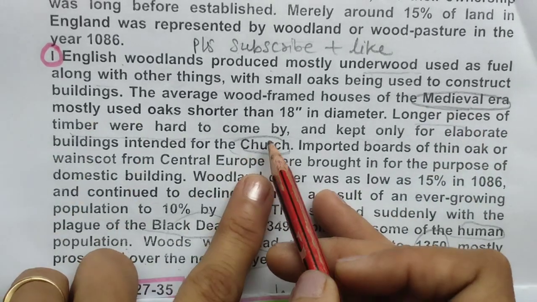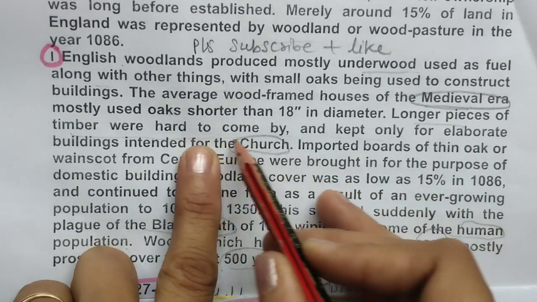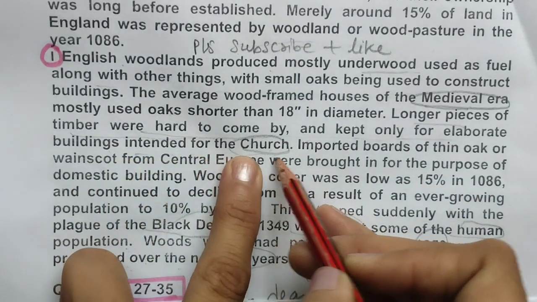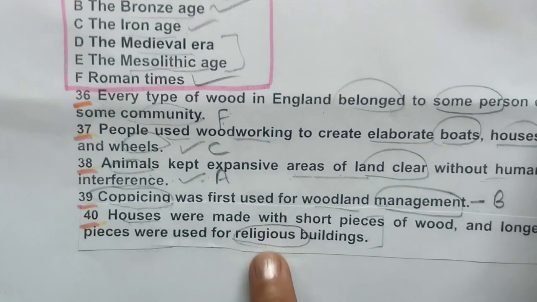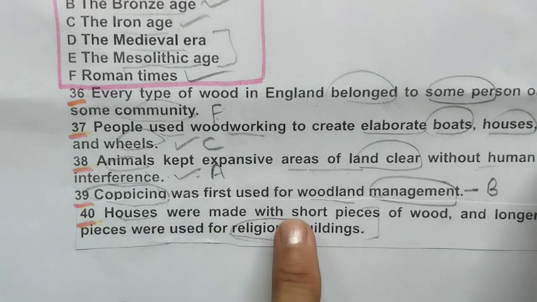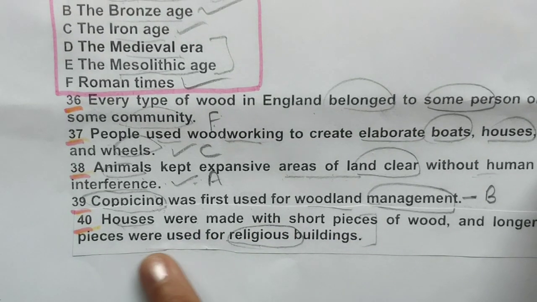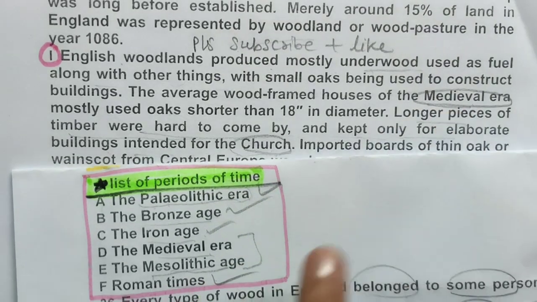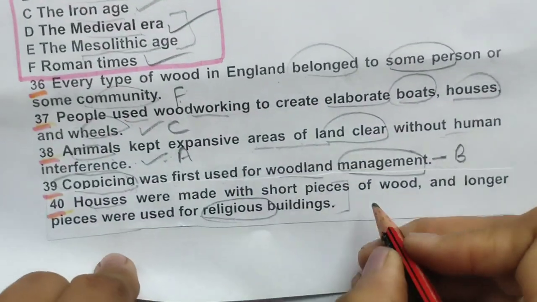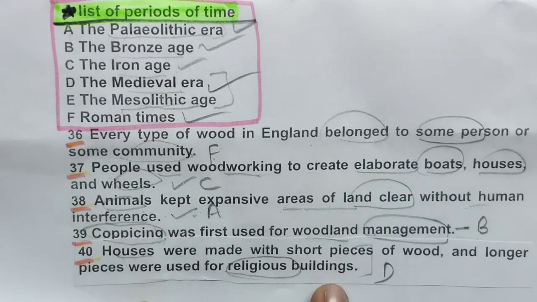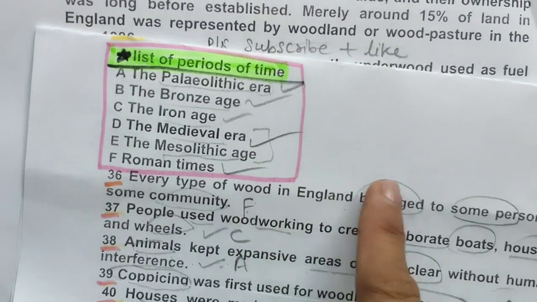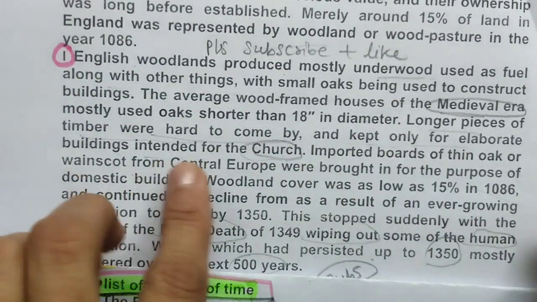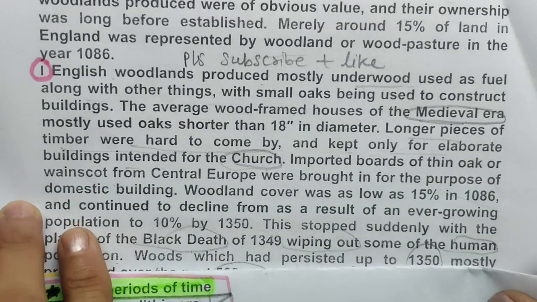See this, medieval era and church: were hard to come and kept only for elaborate buildings intended for the church. Church is a religious building, and houses were made with short pieces of wood and longer pieces were used for religious buildings. So it means they are talking about the medieval era. This is D number. So in this way we have finished only with the help of this keyword strategy, but I have taken time because I was explaining it and the pages were like that, so I had to adjust my pages and all.